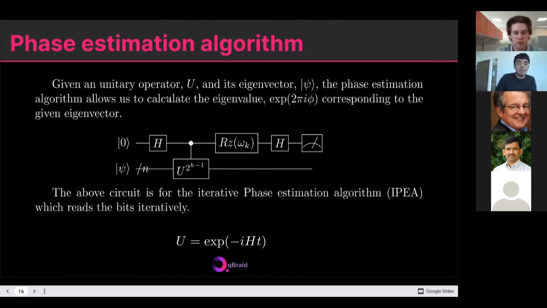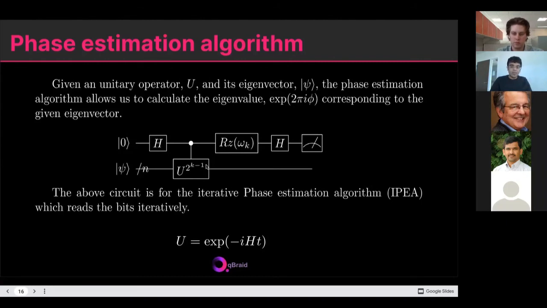So the phase estimation algorithm allows you to do the following: given a unitary operator, think of it as a quantum mechanical operator acting on a state, and given an approximate wave function, you can figure out the eigenstate corresponding to that wave function.